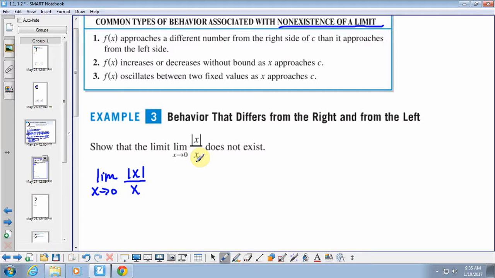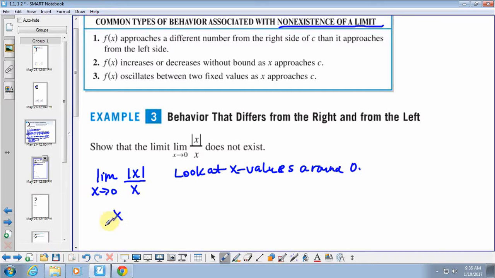Now, we've already seen that in the first example that we did today, we put 2 in there. It was undefined, but that limit existed, didn't it? So that doesn't mean anything. So what we may need to do is to look for numbers around 0, like we did before. So let's look at x values around 0.